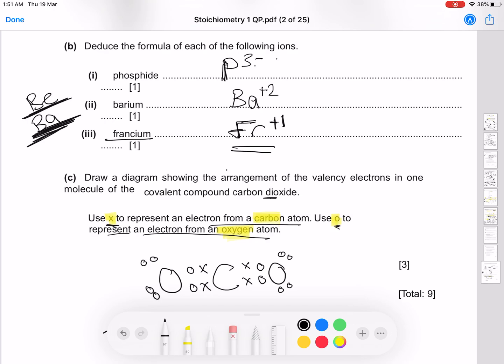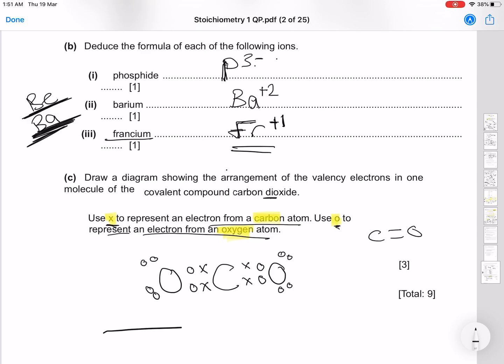Okay, now I was discussing why I had this arrangement. The carbon has to have 4 bonds around it. This is 1 bond, 2 bond, 3 bond, 4 bond. Then when the carbon is bonding with the oxygen, it has 8 electrons in the outer shell, so it's stable. 1, 2, 3, 4, 5, 6, 7, 8.